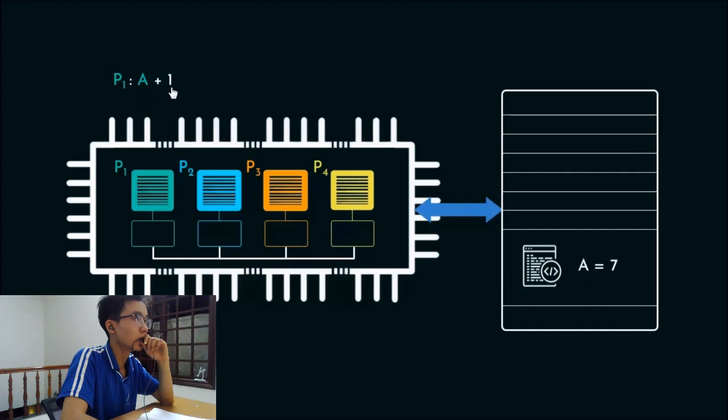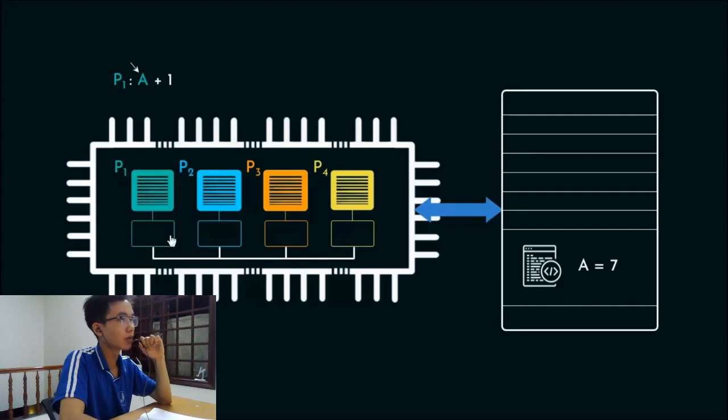That means it wants to increment the value of A by 1. In order to do so, it will first look for the value of A inside its own private cache. However, since it's the very first access, the result is a miss, meaning P1 doesn't have the value of A in its private cache yet.